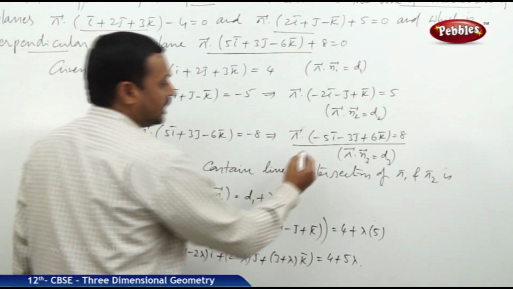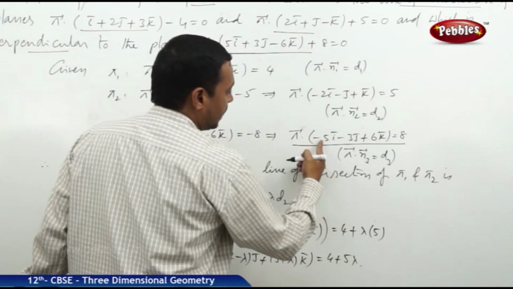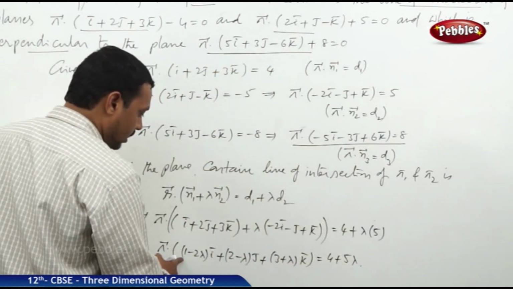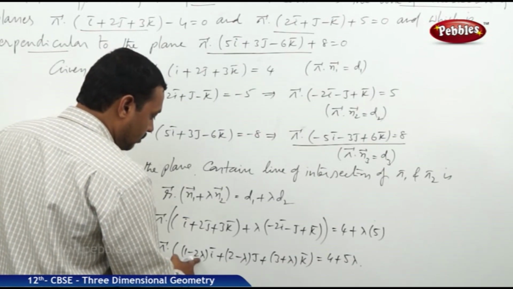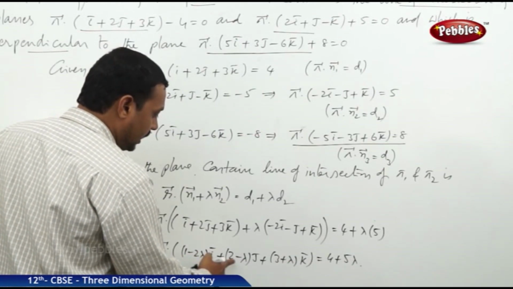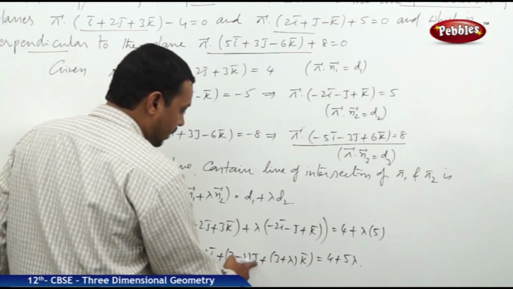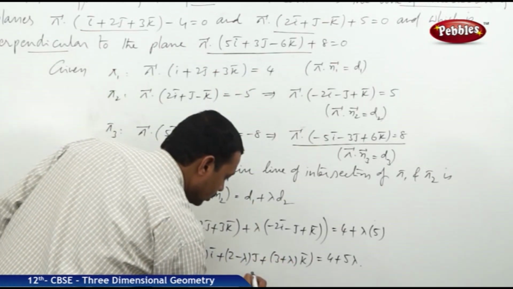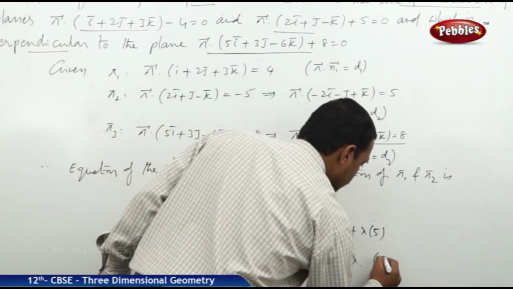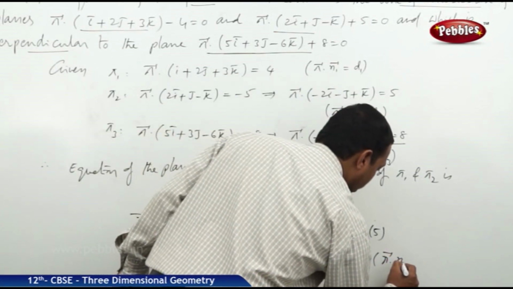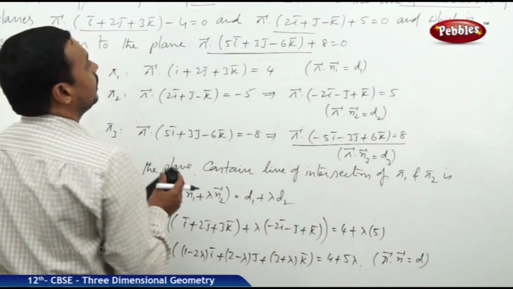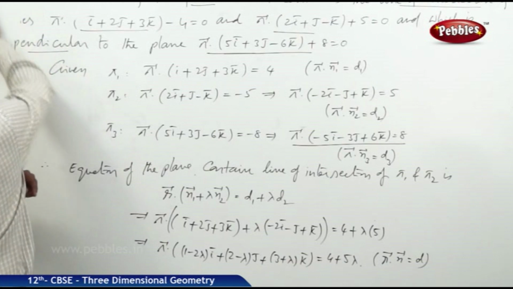So here n3 will be this one, minus 5i minus 3j plus 6k, and here n bar is 1 minus 2 lambda I plus 2 minus lambda j plus 3 plus lambda k. For our convenience we can write it as r bar dot n bar is equal to some d. Okay, right. Now continue here.